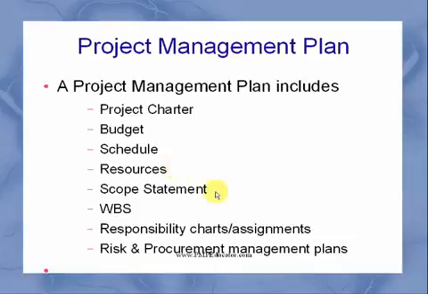The scope statement has the limits of the project, what exactly the project is going to accomplish or develop. And also the WBS, which is the abbreviation for work breakdown structure. We will go through this in detail in the next lecture series.